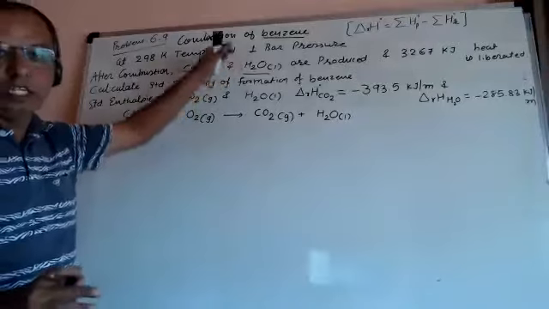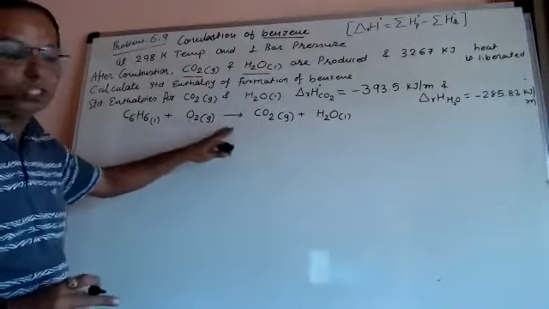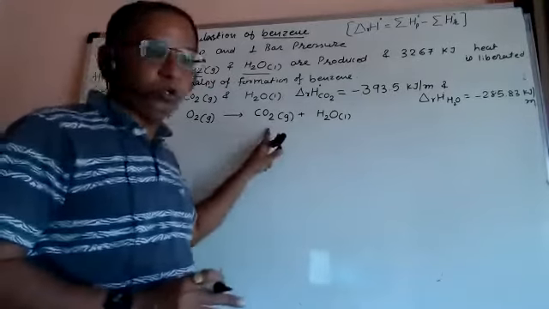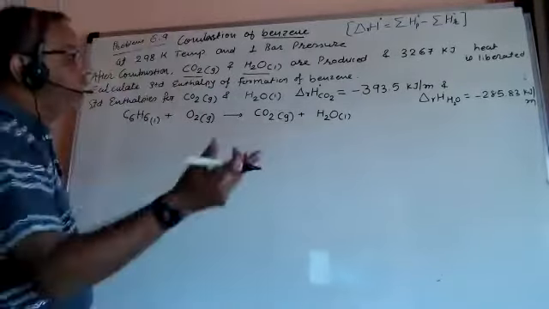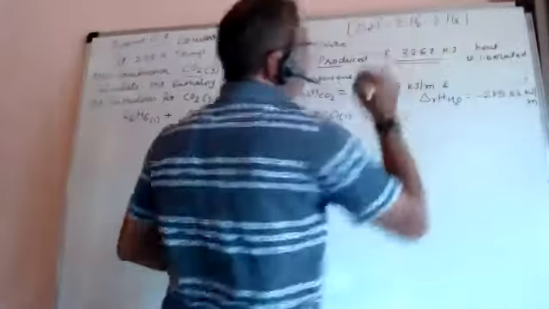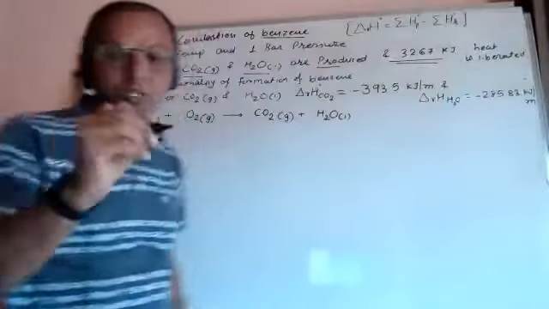And by considering these two lines, we can make a chemical equation, and this is C6H6 plus O2 gives CO2 plus H2O. Still, something else is given: 3267 kilojoule heat is liberated. This is also given.